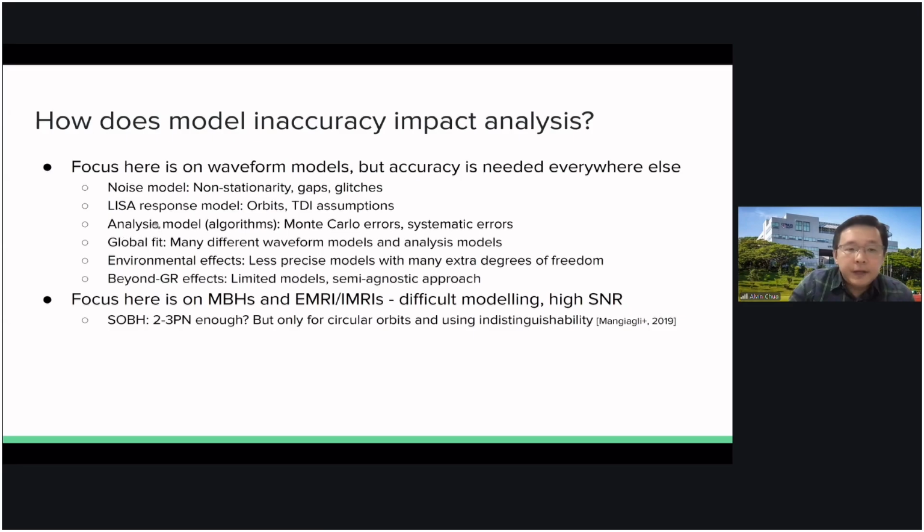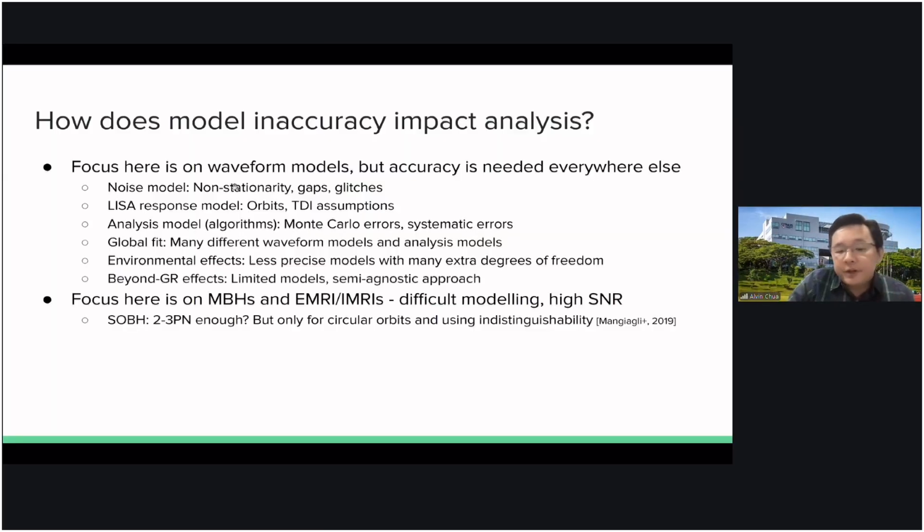Okay, and then I use the word analysis model here, but I'm referring mainly to the set of analysis algorithms you use to study the signal. These algorithms are large, and most of them are stochastic in nature, so you will be susceptible to Monte Carlo errors, but these methods could also have systematic errors built in as well.